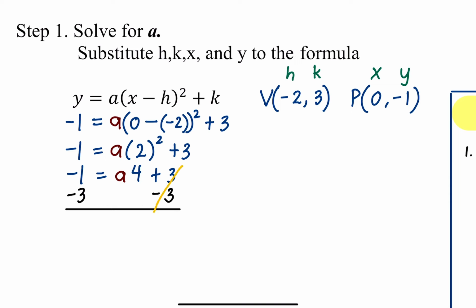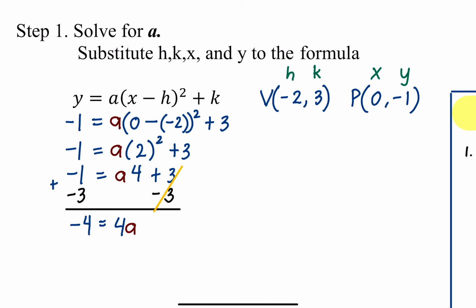So 3 minus 3 is 0. Bring down the 4, or I can just write 4a because it's still the same, class, is equal to, what is -1 plus -3? Okay, very good. That is -4.